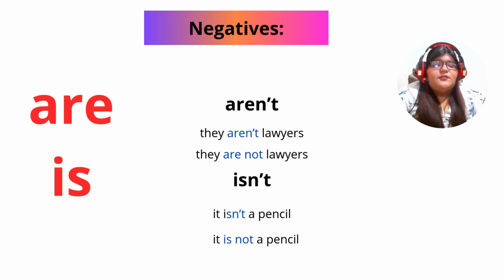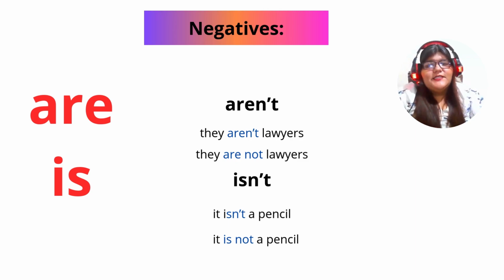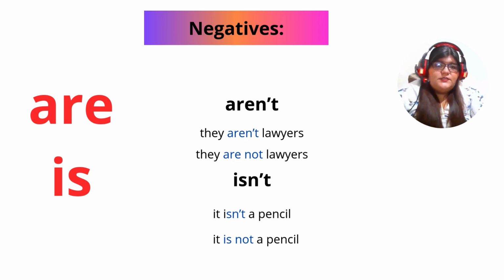Or for example, imagine that you have your cell phone in your hand, and someone maybe doesn't know the word and tells you, is it a pencil? You say, no, it isn't a pencil. Why? Because it's a cell phone, right? Or it is not a pencil. Why? Because it's a cell phone. So it's up to you in which way you want to use the negative.